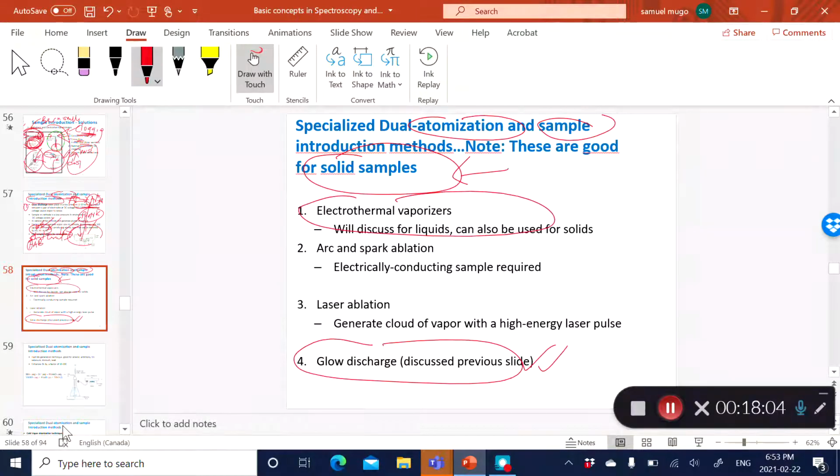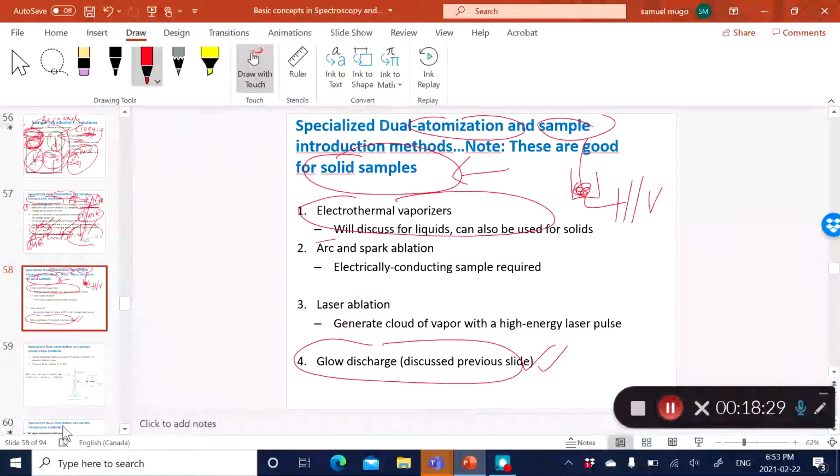As I said before, the furnace really is just a metallic container that is electrically heated using a voltage. When the sample is there, it gets vaporized and atomized as well. So you can use it for solids, liquids, slurries, and so forth.